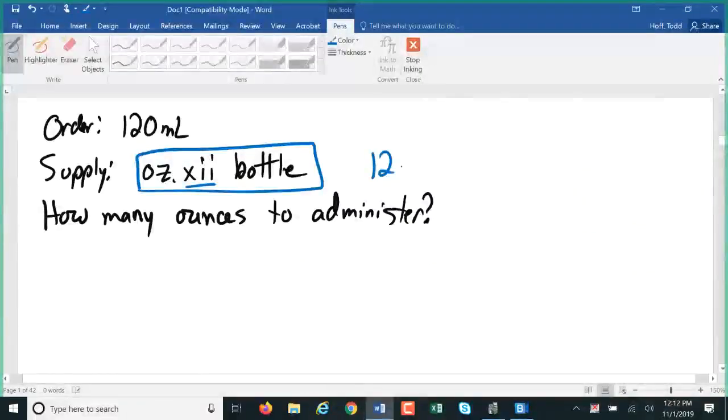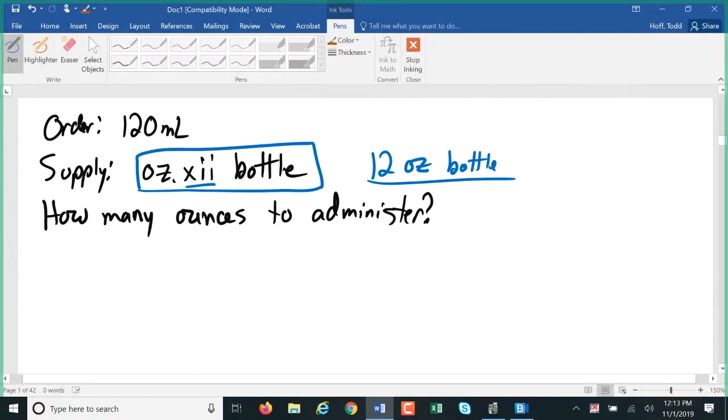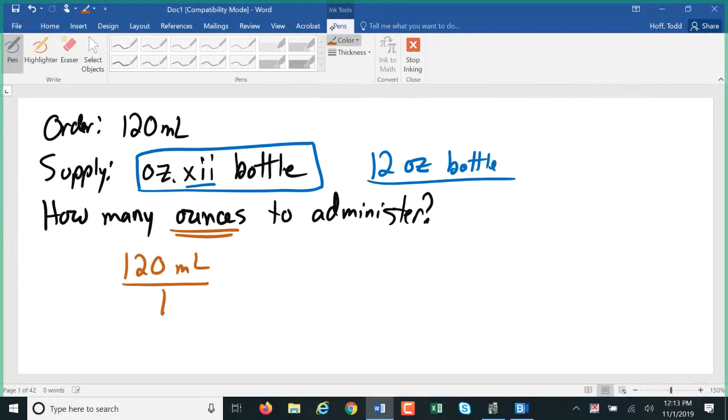12 ounces. Very good. XII, that's 10, 11, 12 ounces. All that's telling us is that that's a 12-ounce bottle. Does that tell us anything about the concentration or any of that? No, there's no rate there. But we do ask how many ounces to administer. All that's asking us to do is to take 120 milliliters and convert it into fluid ounces.